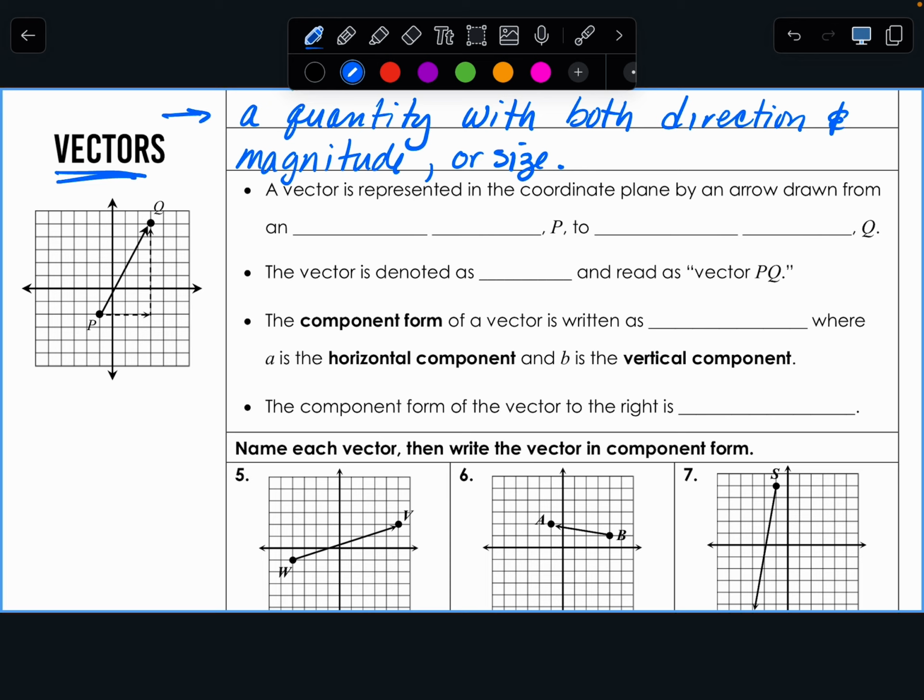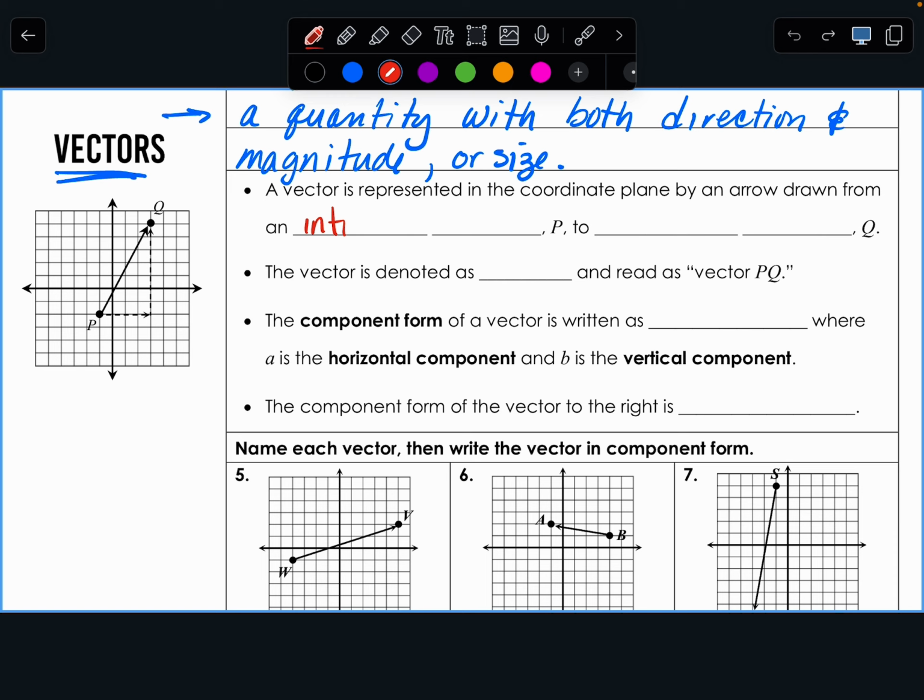So a vector is represented on the coordinate plane with an arrow drawn from the initial point, P, to the terminal point, Q. Initial means starting.